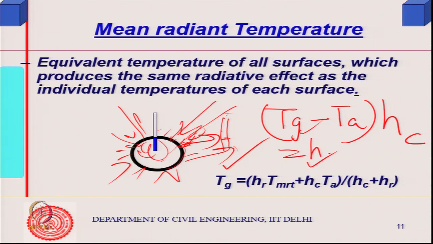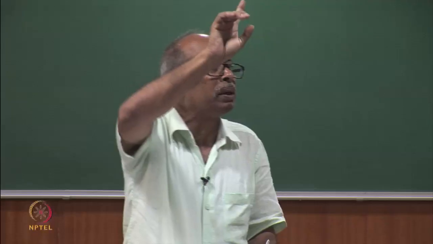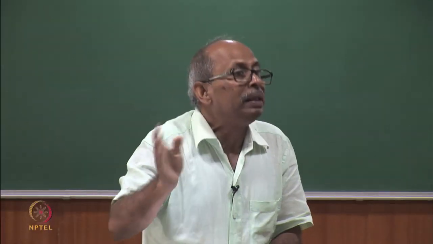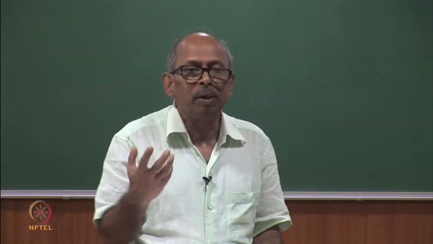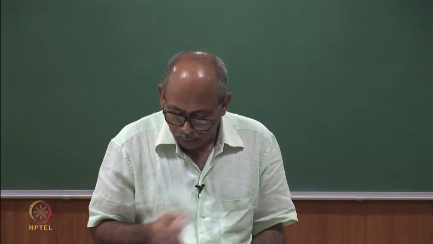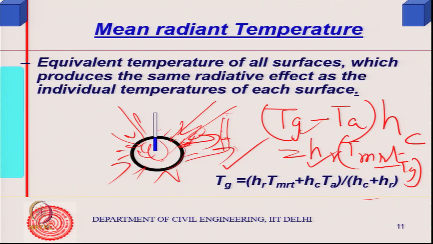So, Hr into (T MRT, the constant temperature, minus Tg), that is what I will be receiving. So, the mean radiant temperature is the constant temperature of all the surfaces, and that minus Tg into Hr, the radiative heat transfer coefficient. From this one can actually derive an expression.